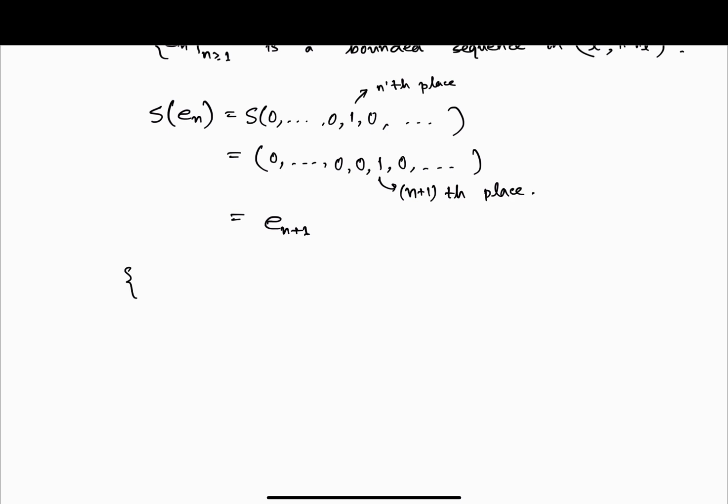So therefore for this S of En, you have to check, for n greater than 1, so this is basically E(n+1), whether it has a convergent subsequence or not.